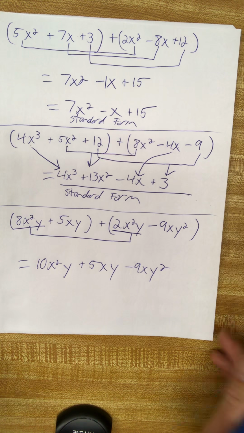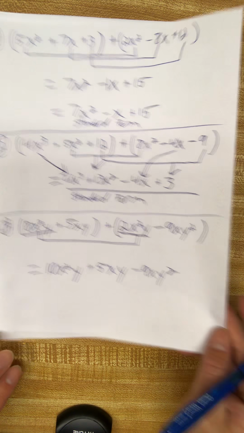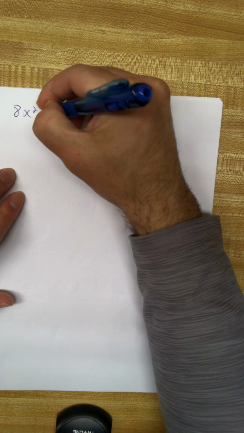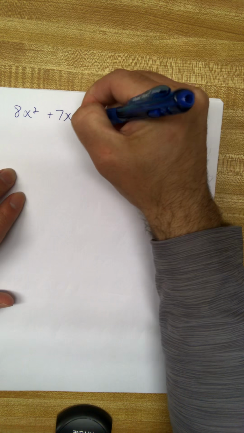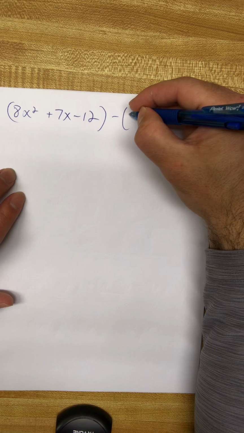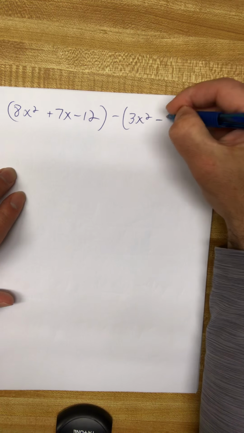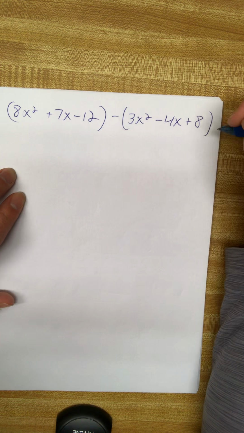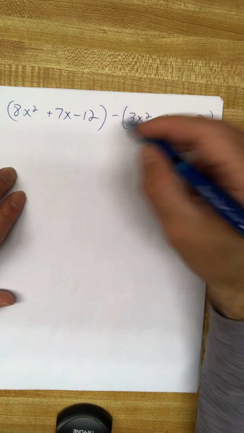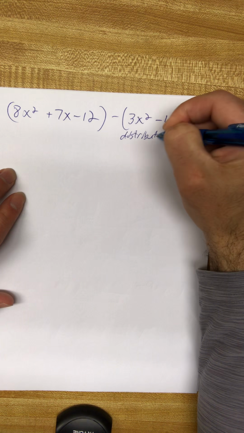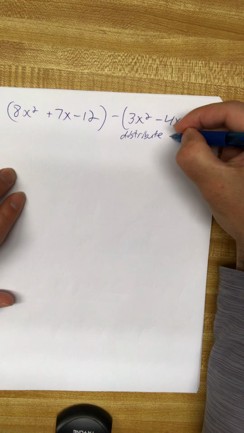Last up is if you're doing subtraction. When you're doing subtraction, you have to distribute the minus sign.